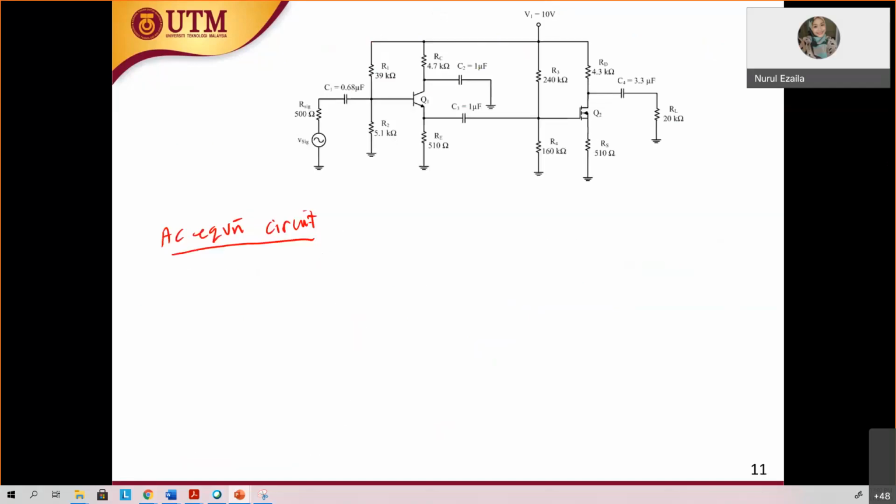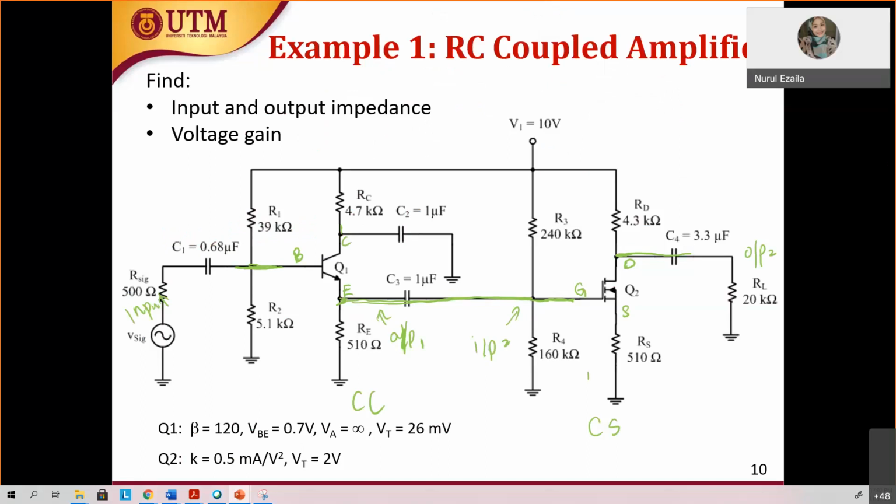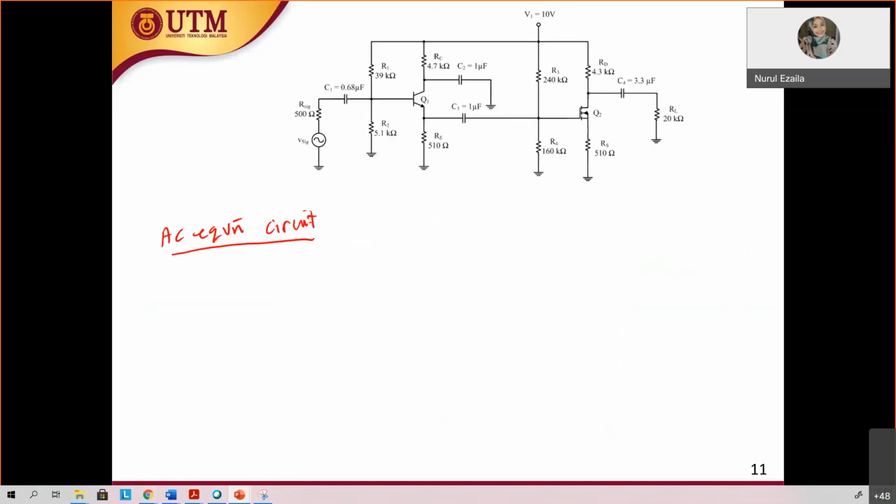So the first configuration is common collector. Can you imagine in your mind how a common collector looks like? You will have something like this, right? You have R pi, if I'm not mistaken, for Q1. R pi 1, and then you have gm v pi 1, if you still remember.